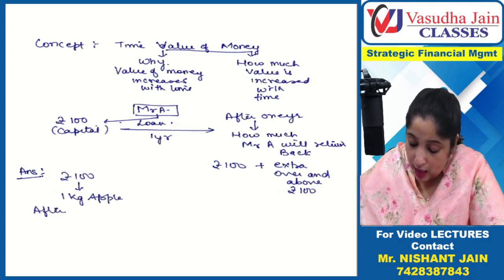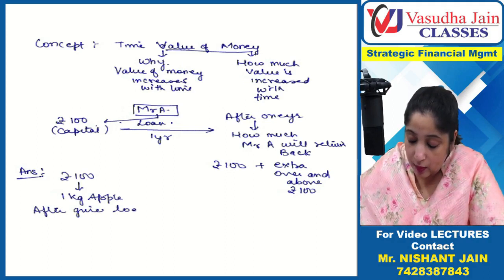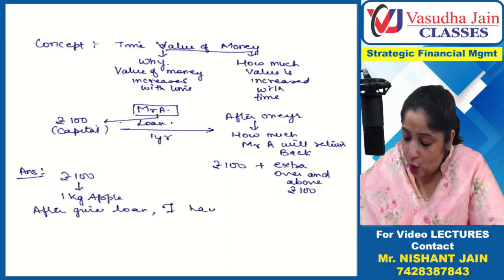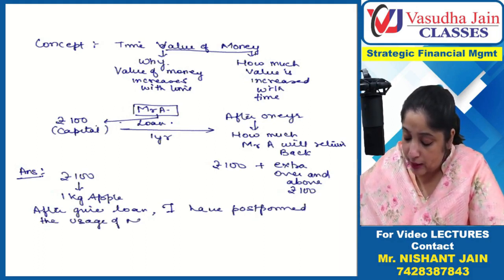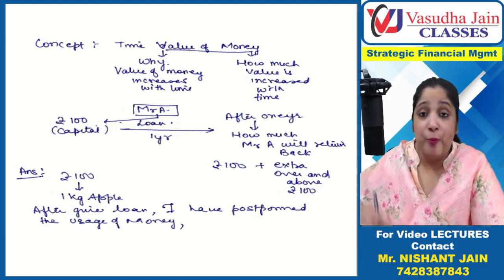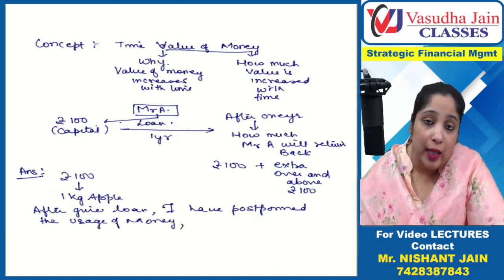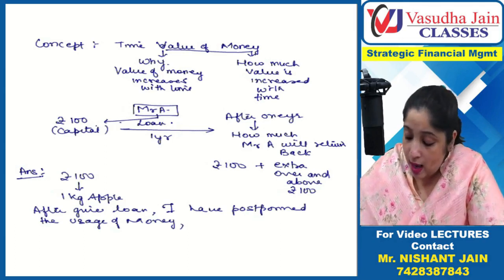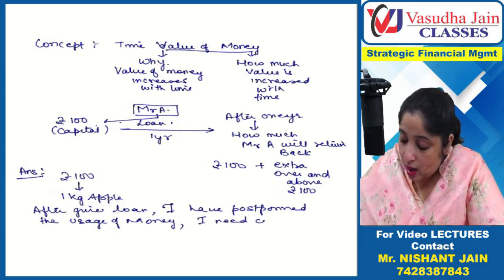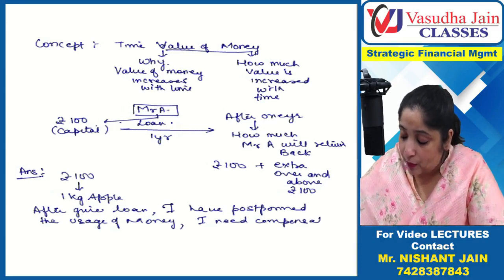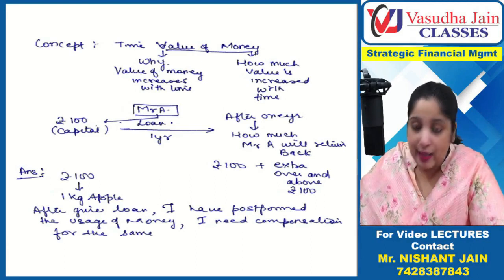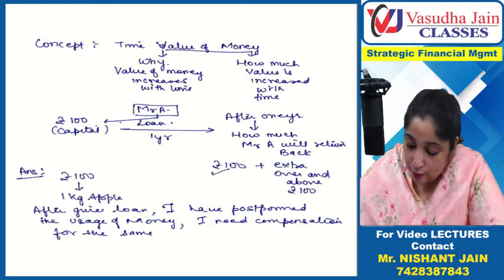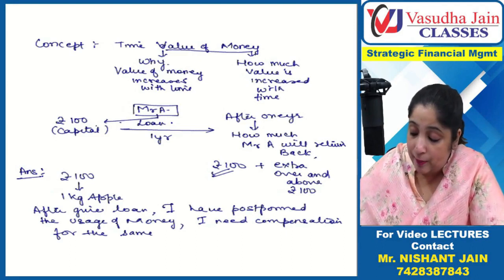After giving him the loan, I have postponed the usage of money. Since I have postponed the usage of money, and now I am not able to use my money for 1 year, I need compensation for the same. So I am telling Mr. A, I need 100 rupees as well as some compensation.